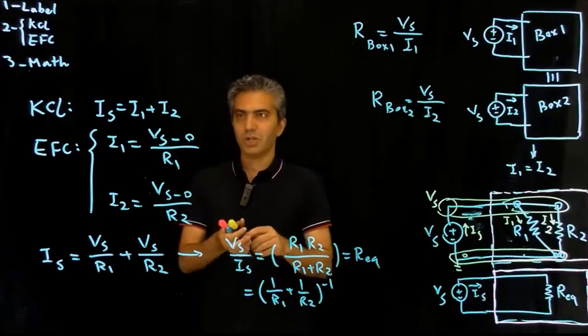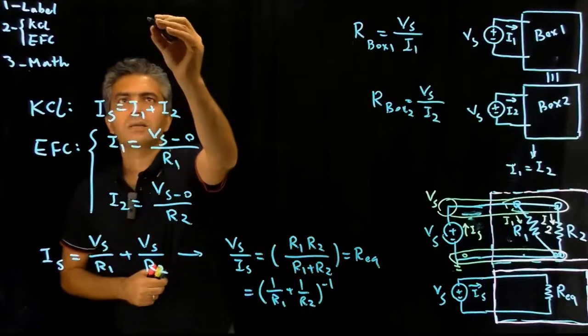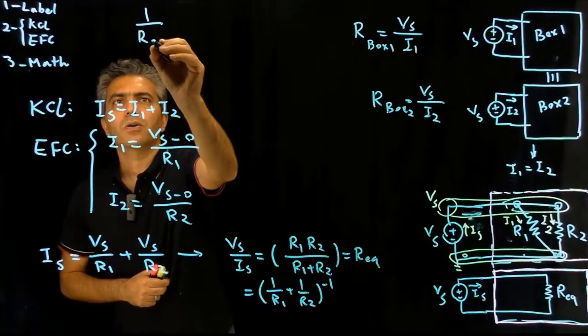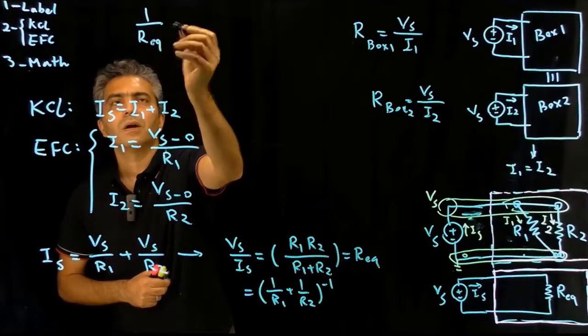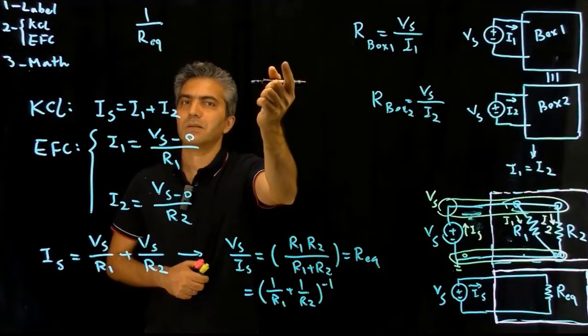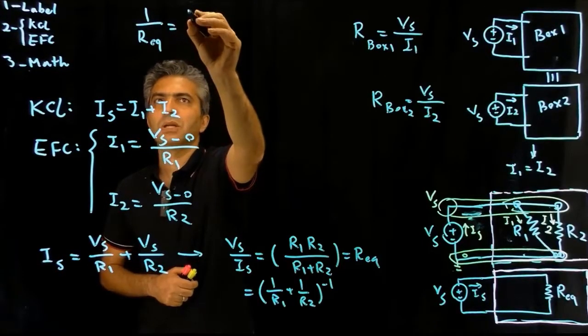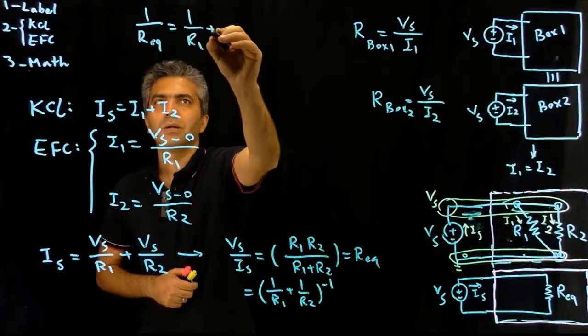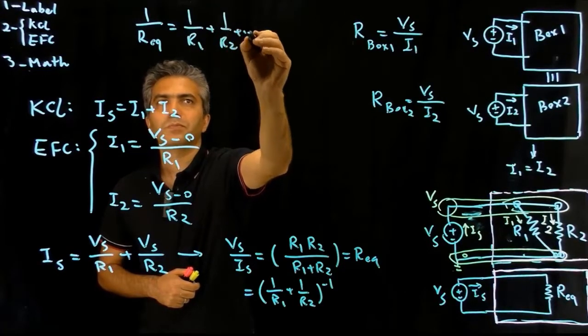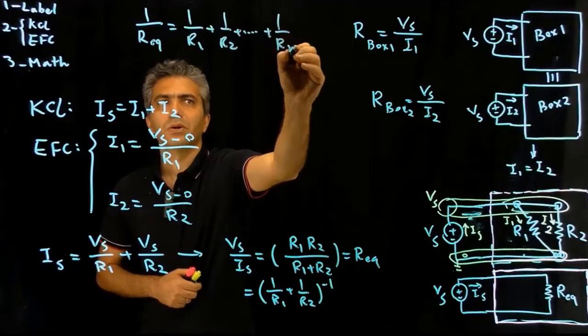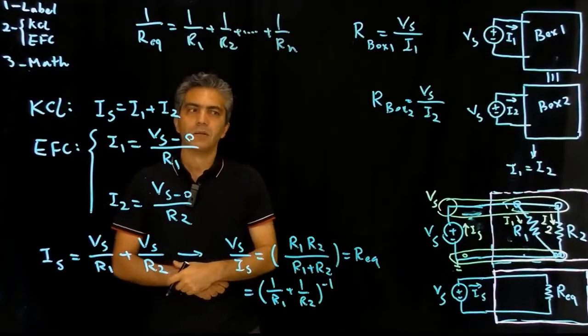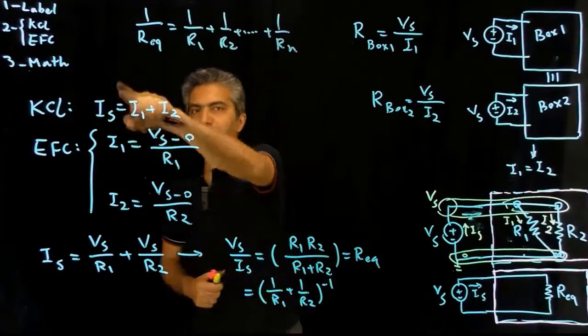Generally speaking, 1 over R equivalent of n resistors in parallel would be equal to 1 over R1 plus 1 over R2 all the way to 1 over Rn. And you can prove that by doing exactly the same thing.